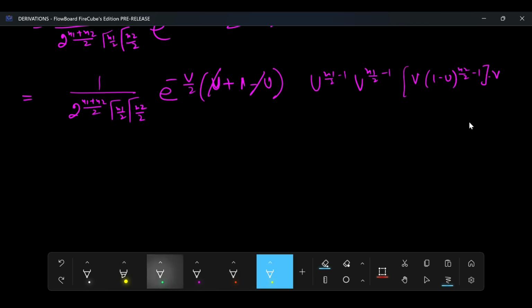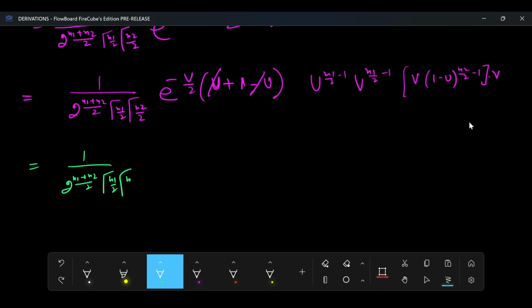So see, I can write this as 1 upon 2 raised to the power (n1 plus n2) divided by 2, gamma n1 divided by 2, gamma n2 divided by 2, e raised power minus v by 2, u to the power n1 divided by 2 minus 1, 1 minus u to the power n2 divided by 2 minus 1, and this is v to the power (n1 plus n2) divided by 2 minus 1. Clear?